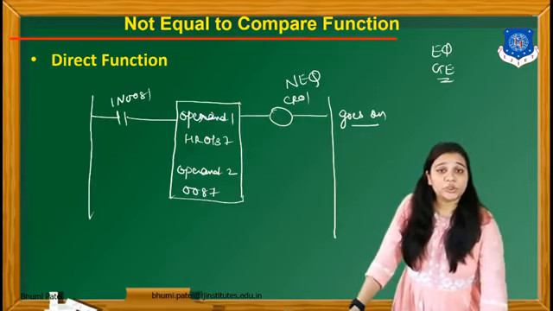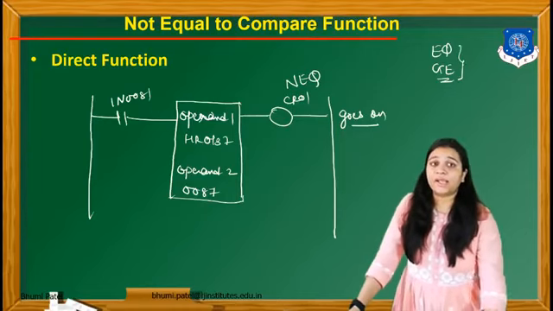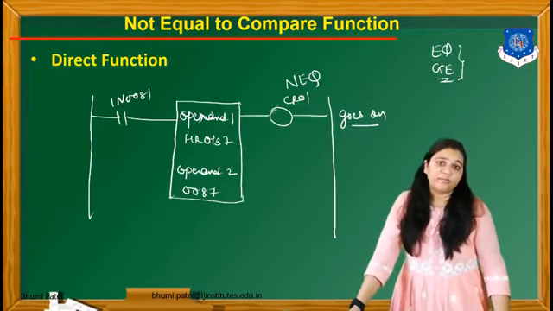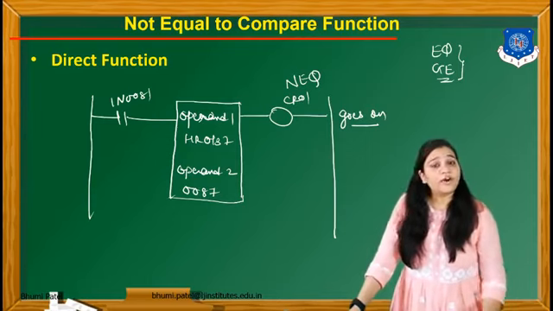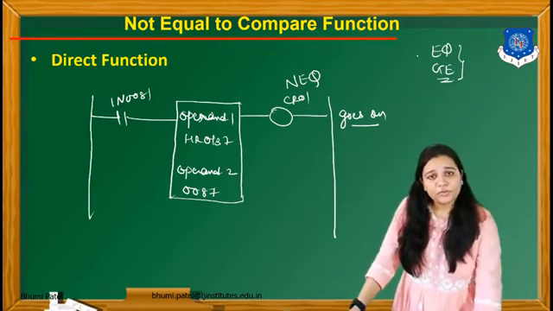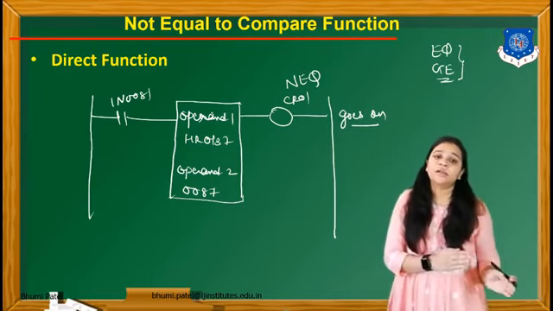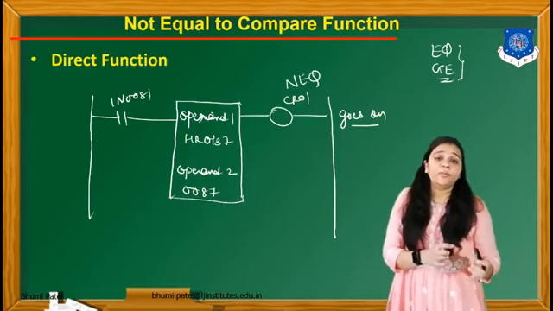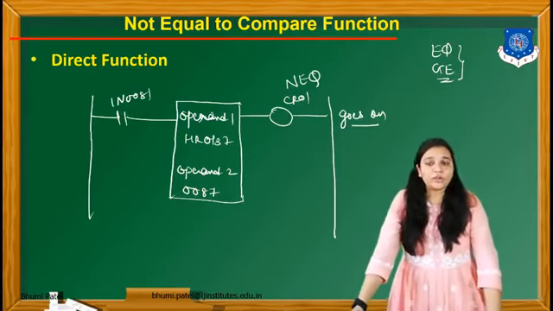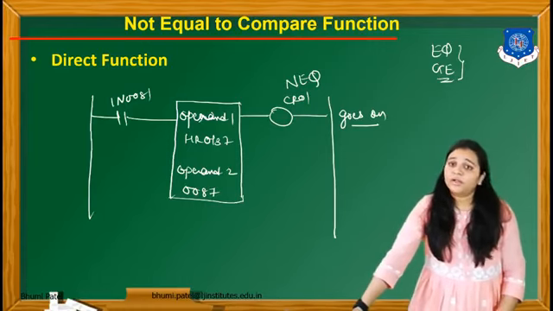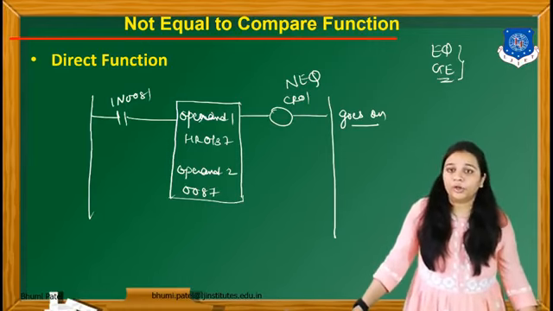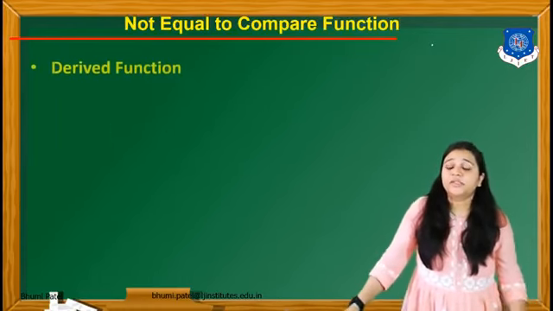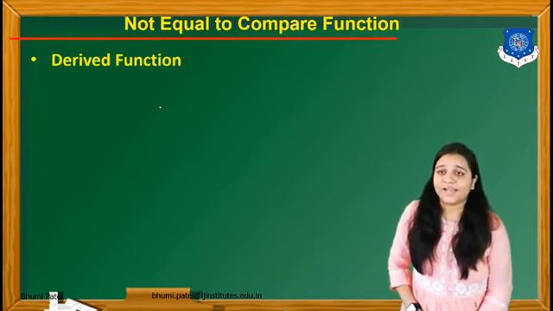Using these two functions, we have to derive the not equal to compare function. For that we use the equal to function. If we put the equal to in a normally closed contact, the condition becomes not equal to.